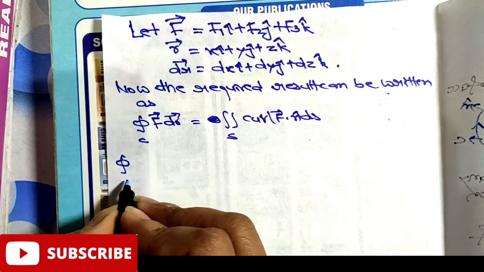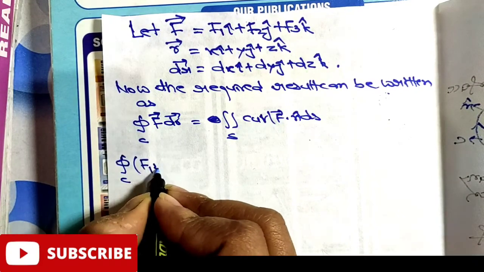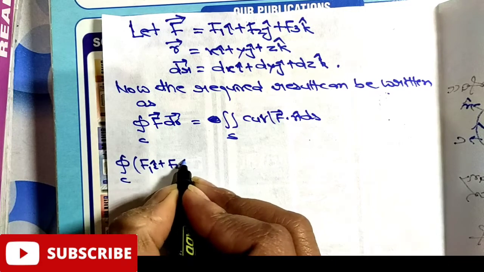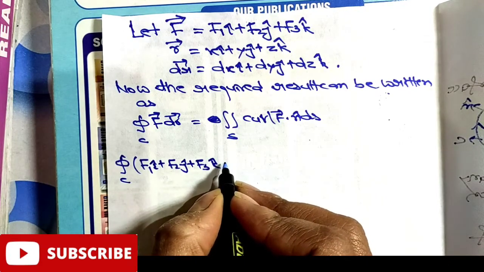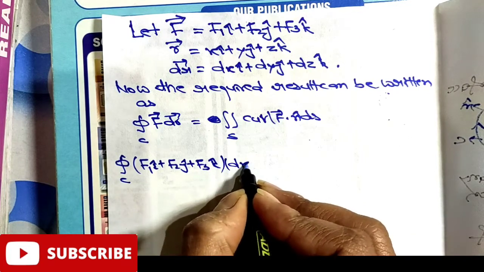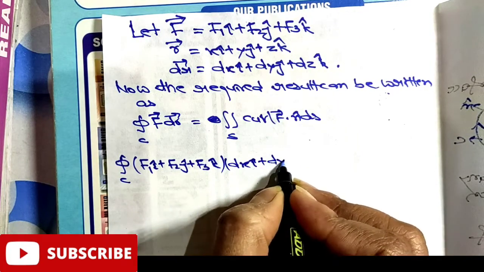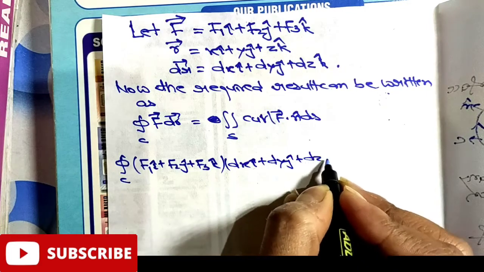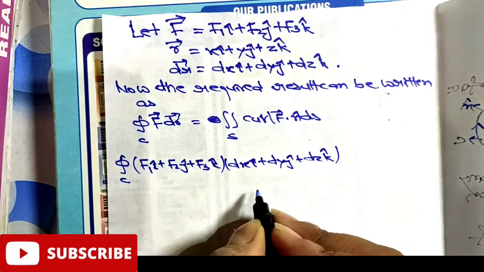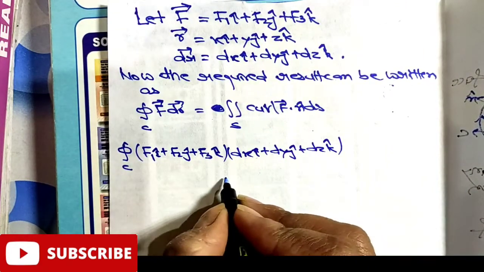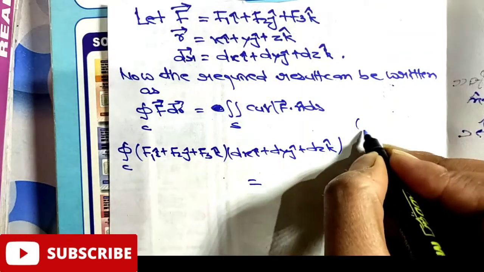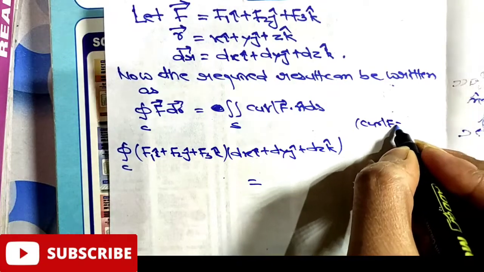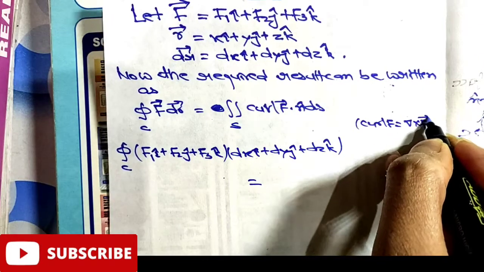We get f vector as f1 i cap, f2 j cap, f3 k cap, dot dr, dx i cap, dy j cap, dz k cap, is equal to, and we know that curl of f is equal to del cross f vector.